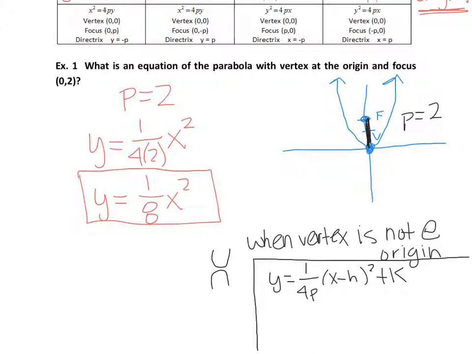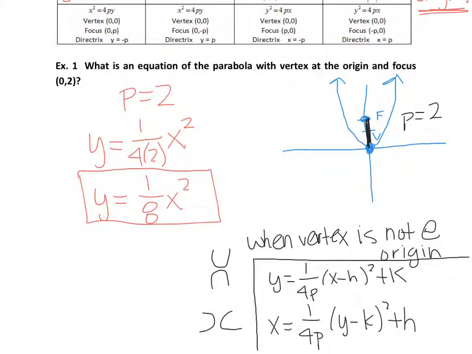So this is the form that you would write if you have an up or down parabola. You would write x equals 1 over 4p times y minus k squared plus h for when our parabola is left or right.